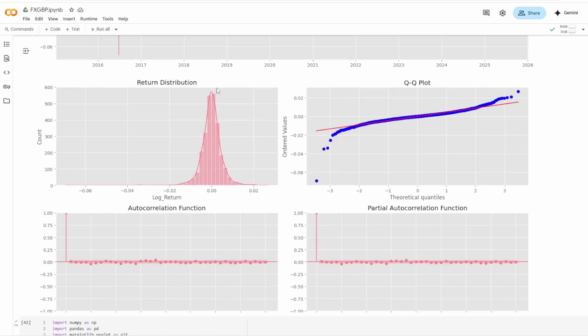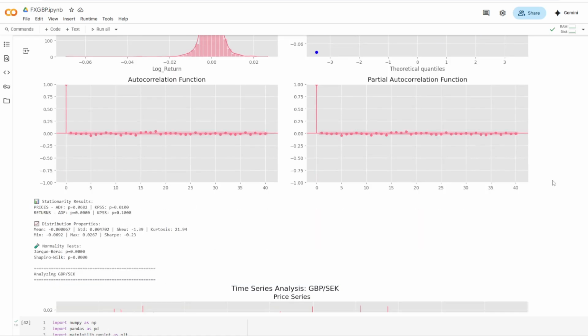So it means that the distribution has fat tails. What it means that it has fat tails is that it has these dots which are very far from the center of the bell curve, as those are the extreme outlier values.